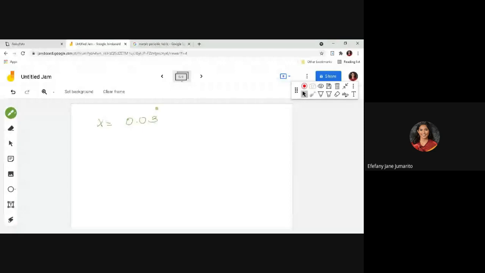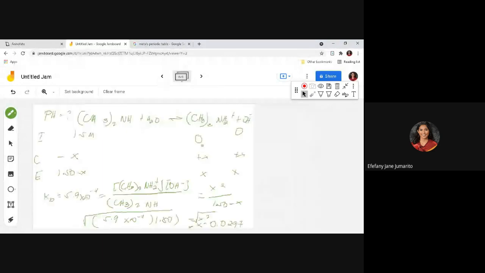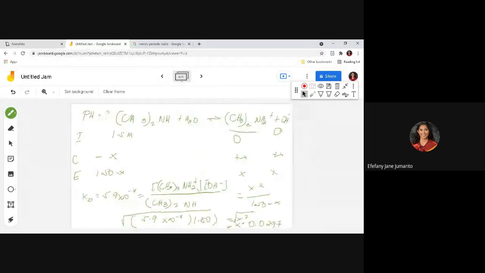So x is equal to 0.0297, or we can approximate that to 0.03. So x is equal to 0.03 molar.